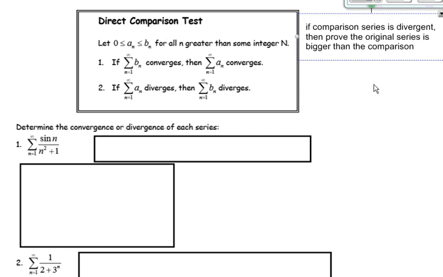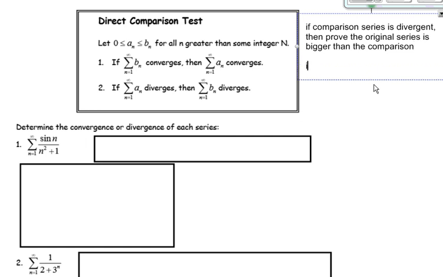So all you would do is, if the comparison series is divergent, then if you can prove that the original series is bigger than that, that means approaching a bigger number, then you would also prove that the original series is divergent, if you can prove that it's bigger than the comparison series. Okay? Then vice versa is true.